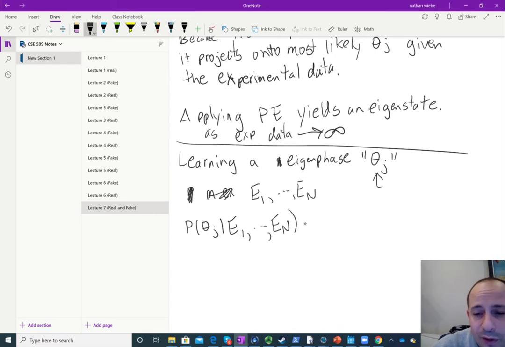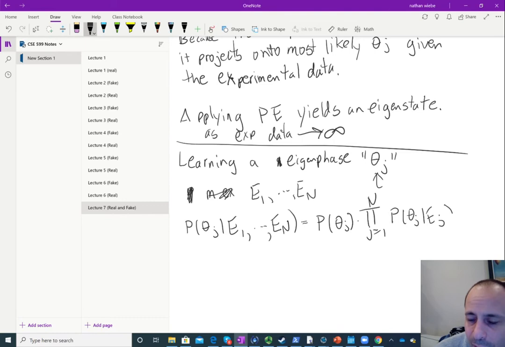Because all of these measurements that are done are statistically independent, this actually is just equal to the prior probability multiplied through by all the likelihoods of all the experiments that we're doing, the product from j equals 1 to N of P of theta j given E j. And implicitly, of course, this is going to be a function of the net value of M that's taken at each of them and omega that's taken at each of them.